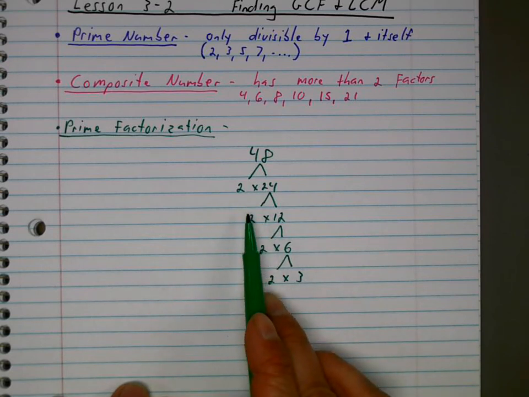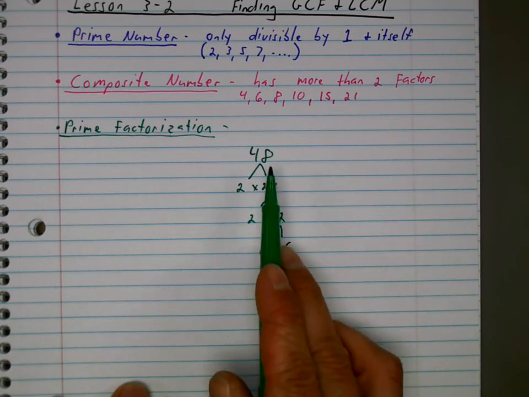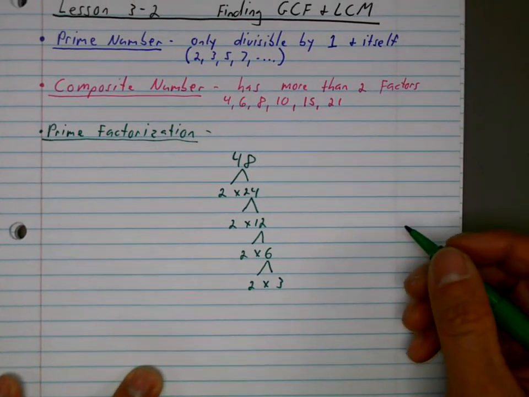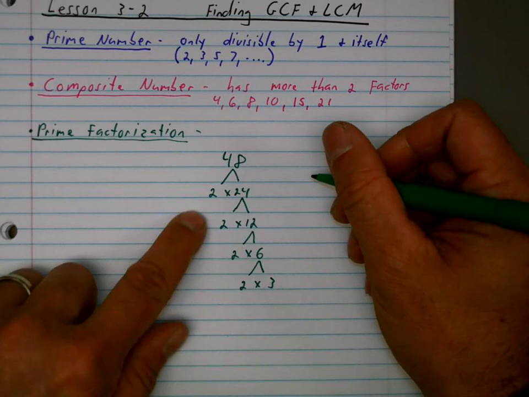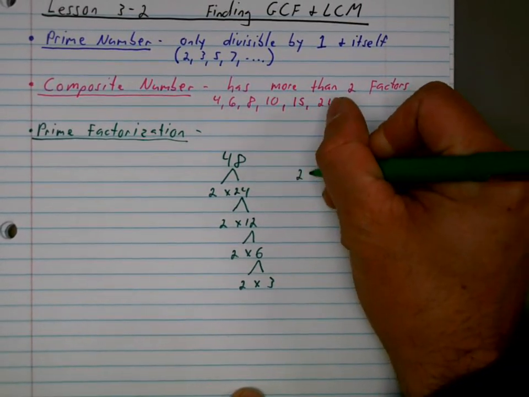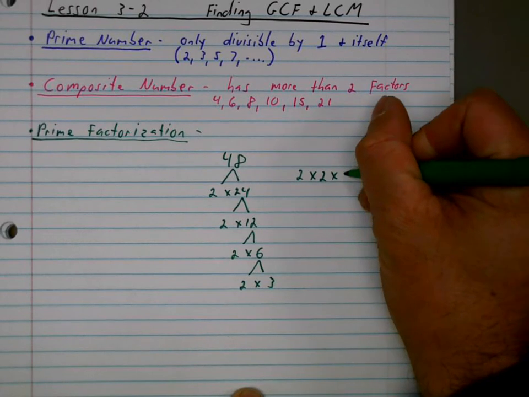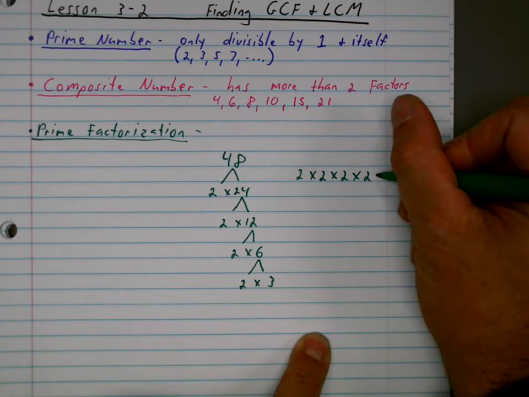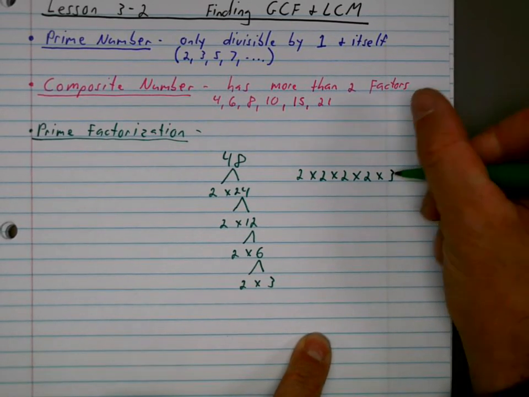These are all factors that, when multiplied together, would give you 48. So one way to look at that is I could write it this way. There's 1, 2, 3, 4 2's there. So I could write 2 times 2 times 2 times 2, and then I have 3.